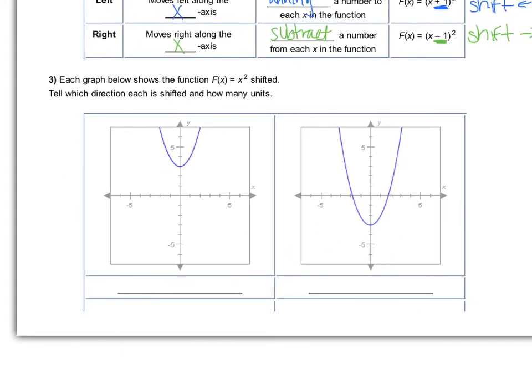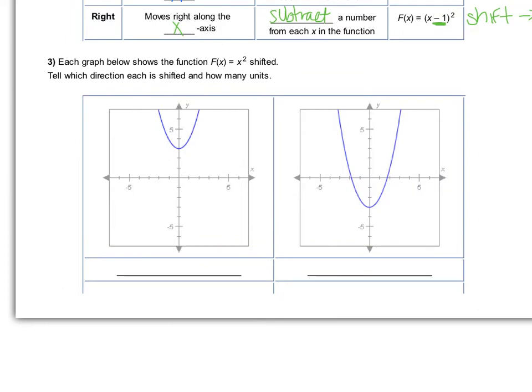It says for each graph below, it shows the function f of x shifted. Tell which direction it shifted and how many units. If I look at this function here, the graph of x squared is going to look something like this, with its vertex at 0, 0 at the origin. Well, this graph here, the one that was blue and now is pink, has been shifted up 3.